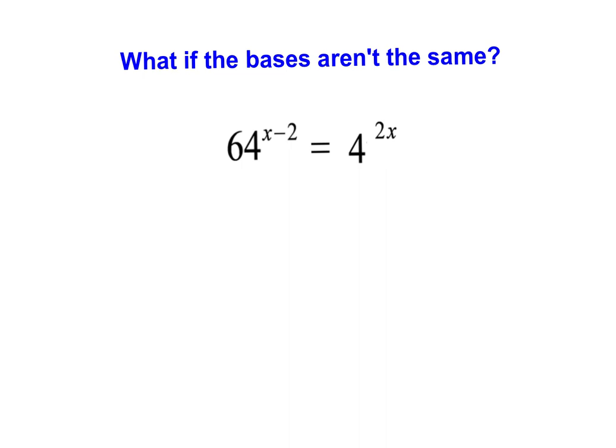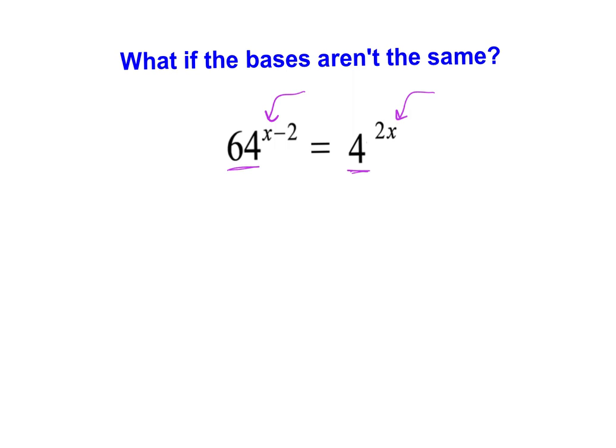So again, we can see that we have two bases that are not the same. And because these two bases are not the same, and we notice that we have variable values inside of our exponent, we have to start thinking about how we can get these bases to potentially be the same.